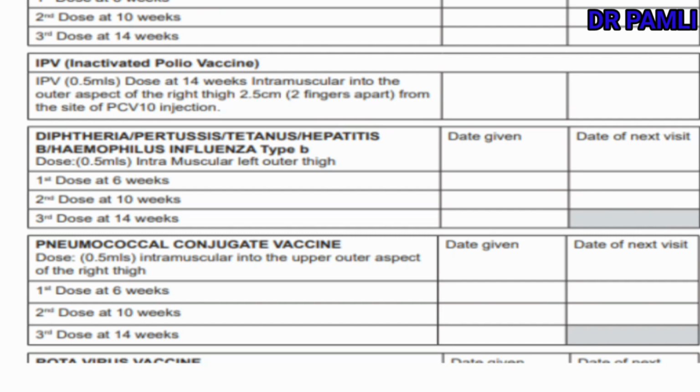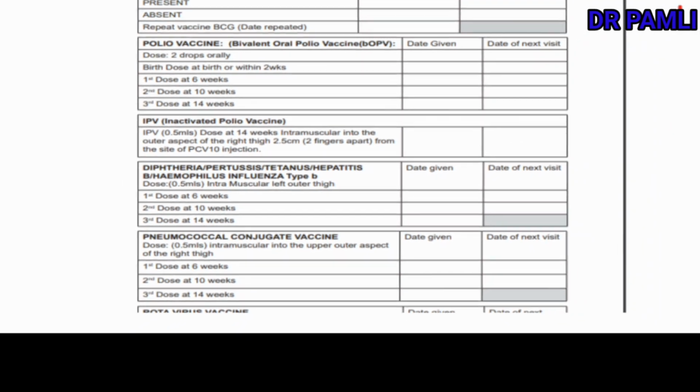And also the diseases that may cause pneumonia, as we've seen, Haemophilus influenzae is one of the causes, and it is given as a pentavalent vaccine. Penta means 5. There are five diseases that we target: diphtheria, pertussis, tetanus, hepatitis B, and Haemophilus influenzae type B. So in this video we are targeting Haemophilus influenzae, and the dose is given at 6, 10, and 14 weeks.